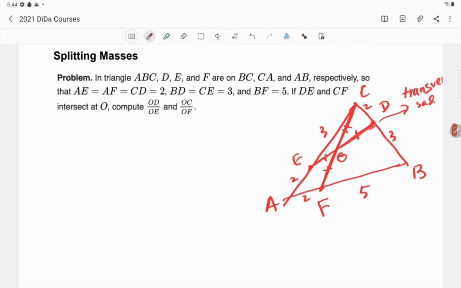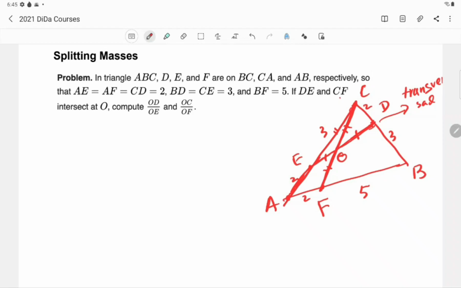So to handle this case, you need something called splitting mass. Basically, at C there are two separate masses. One is for the left side, the other for the right side. The reason being that, for instance, you want to balance A and C, you need to satisfy the ratio CE over AE.